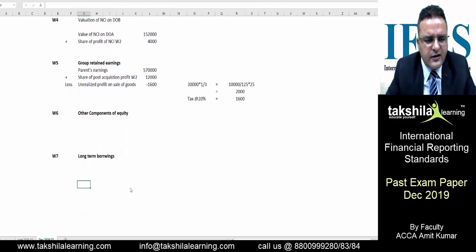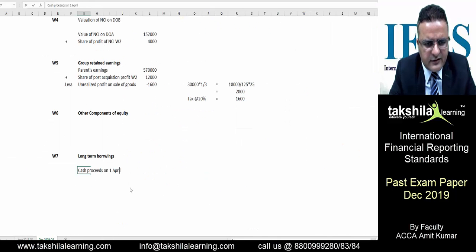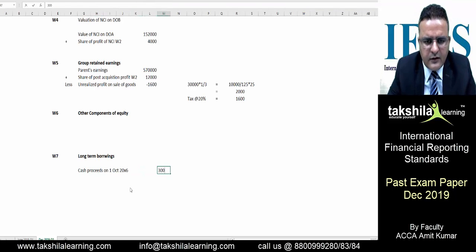Long-term borrowings means that cash proceeds received on 1st October 20x6 is equal to 300,000.